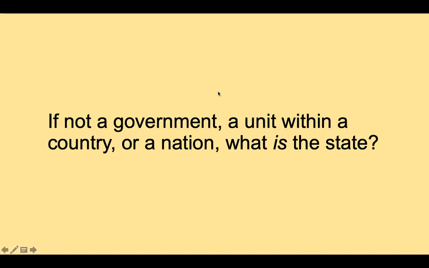Now, the state itself is not a creature. Remember, it's a set of institutions who may be working in unison, in cooperation, or who may not. And so we'll see that as well. But remember that the state, we think of as that set of organizations who rule over this human community and help to solidify the community, but who may, in some sense, be independent or separate from the community.